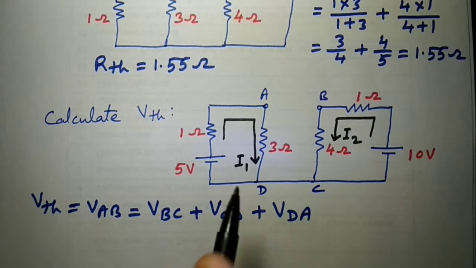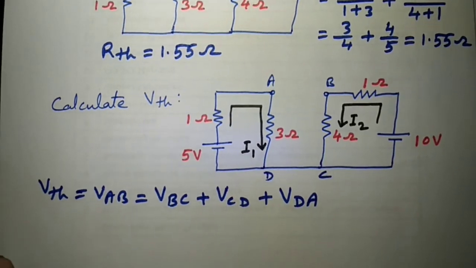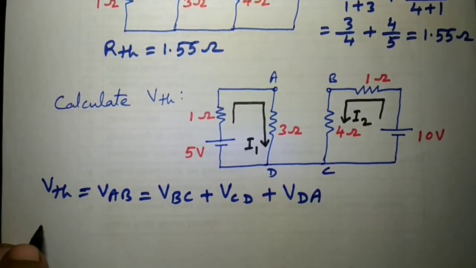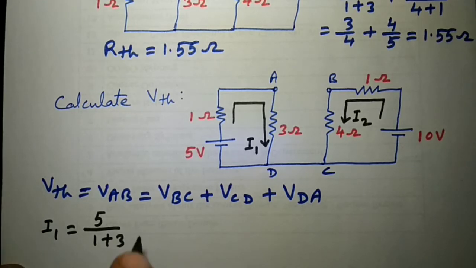So before calculating VTH, first of all you have to find these two values, that is I1 and I2. So the value of I1 will be here 5 upon 1 plus 3. So it will be 1.25 ampere.